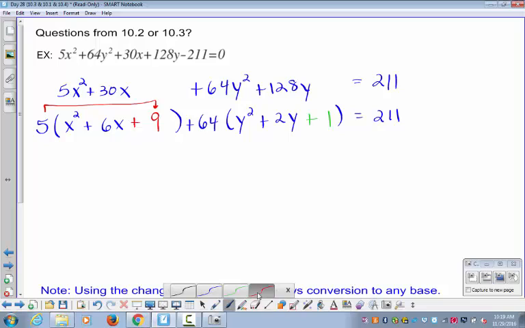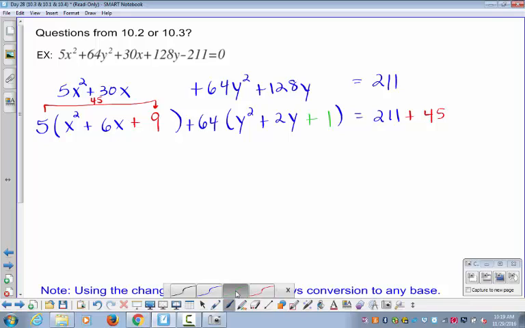If we were to distribute this 5 back across, we would not have 5x squared plus 30x plus 9. We'd have 5x squared plus 30x plus 45. So adding the 9 inside is really adding 45 to the left. So if we've added 45 to the left, we have to balance that out by adding 45 to the right-hand side also.